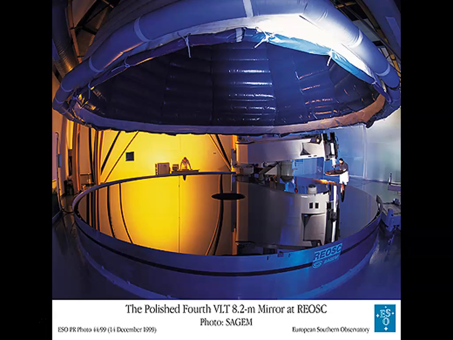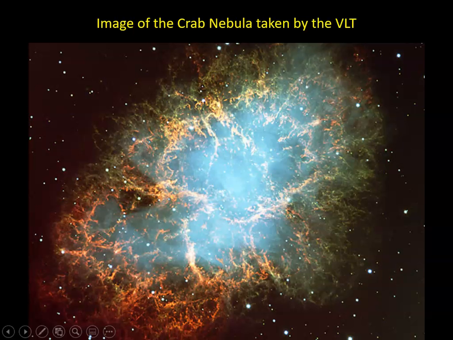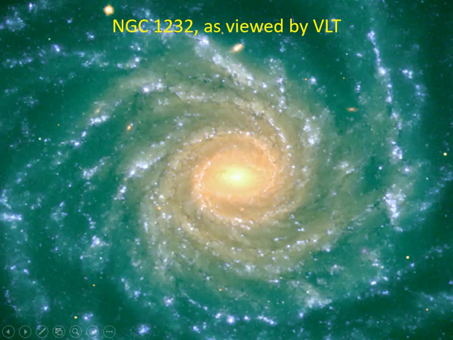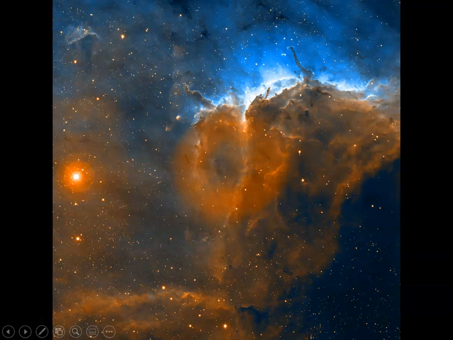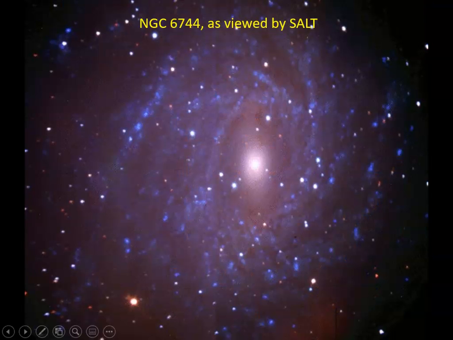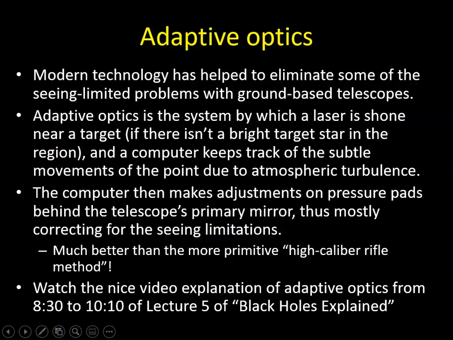So here they are together: four 8+ meter telescopes all linked together to give potentially significantly higher resolution images, like Crowd Nebula and GC 1232, etc. So here I have a few more telescope images for you, taken by some of the best ground-based observatories in the world. Here's one by the LBT.